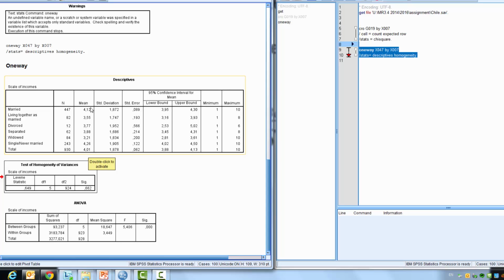We test whether these means are different given the standard deviation of these groups. As you can see, the single people have the highest income, after that the married people, and then the separated people and divorced people. Lastly, those living together as married, and the widowed people are the poorest in the sample.